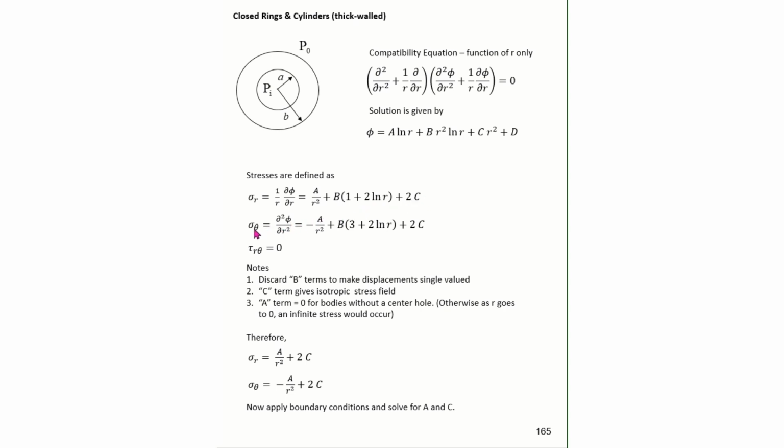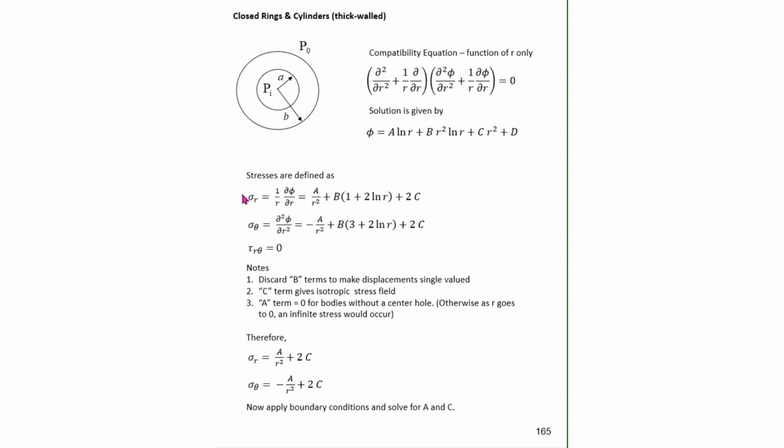The sigma theta, the hoop stress, is defined as the second partial derivative of phi with respect to r squared. This second order partial derivative results in minus A over r squared plus B times 3 plus 2 ln r plus 2C. The shear stress again is 0 because we are looking at sigma theta and sigma r, which are the principal stresses.